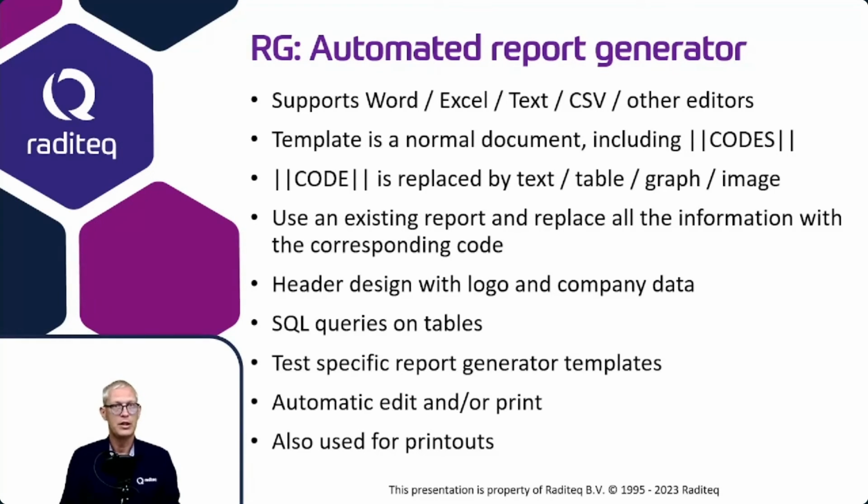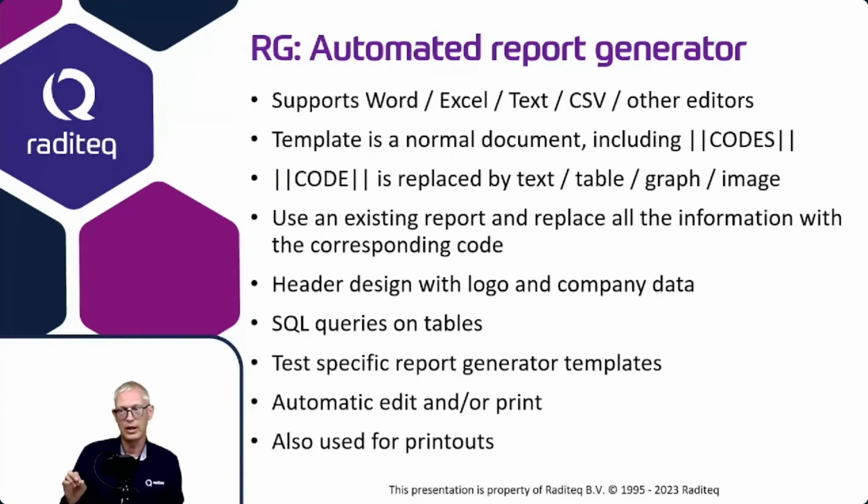And that template is just a normal Word file or a normal Excel file. And in that template file, in that document, you just include codes. And codes in RadiMation is what we call a double pipe at the beginning, a double pipe at the end, and then there's a specific name for that code.